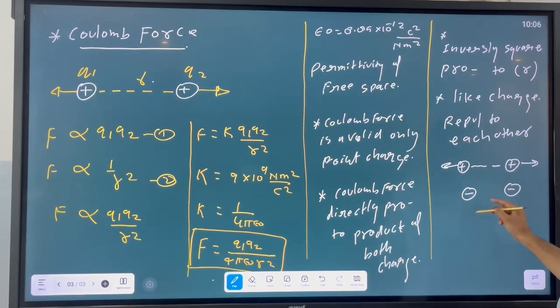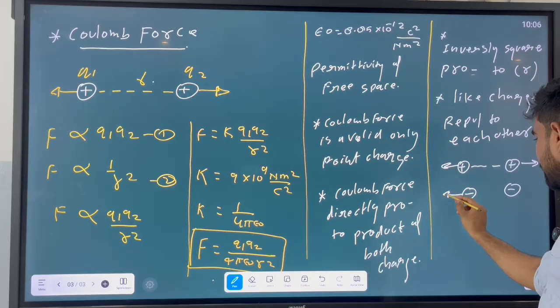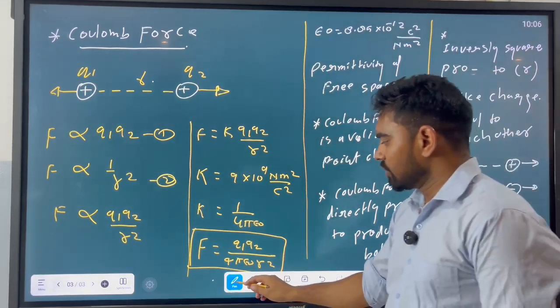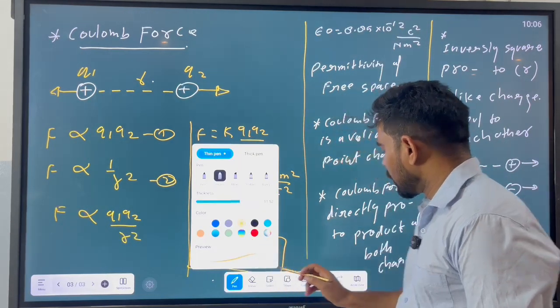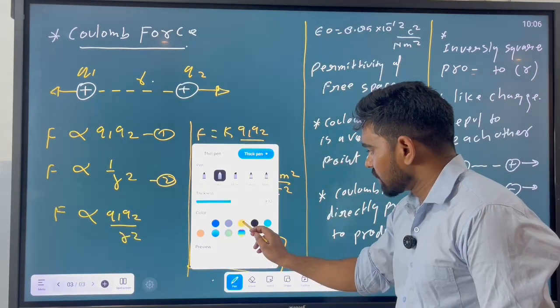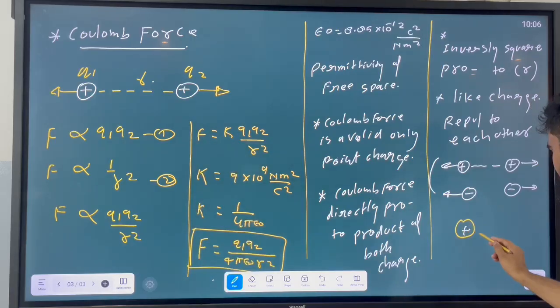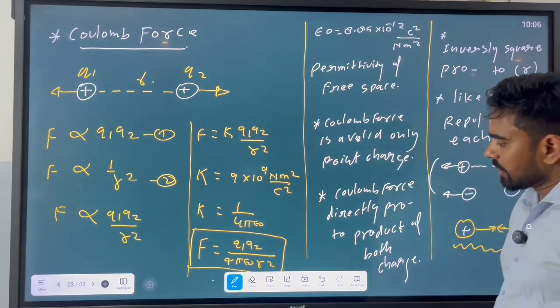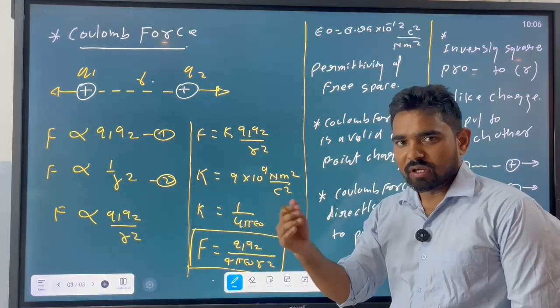Suppose this is minus and this is minus; in this case too both charges repel each other. Unlike charges attract each other, meaning positive and negative. Suppose this is a positive charge and this is a negative charge; in this situation both charges attract each other. So like charges repel and unlike charges attract each other. This is a basic logic.